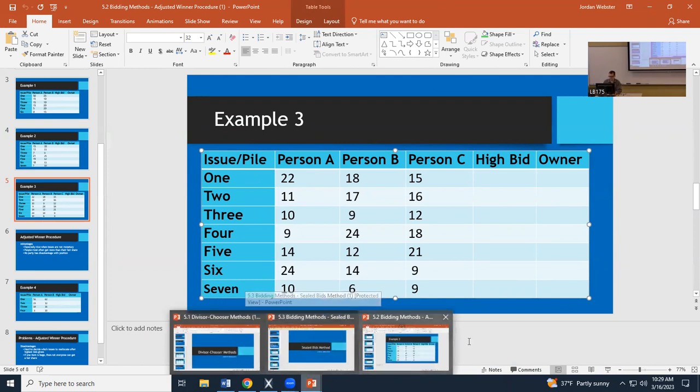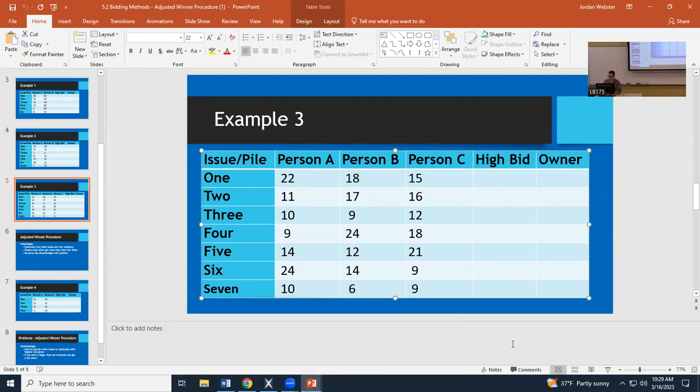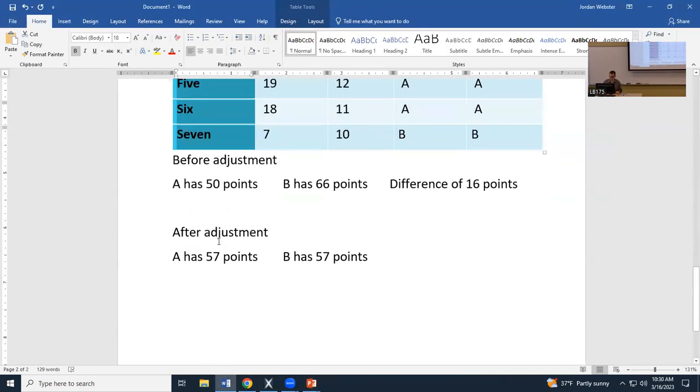I can duplicate the table. Well, I can do this. I can just write it in here. Right? I don't want to do that because I want to count the points.